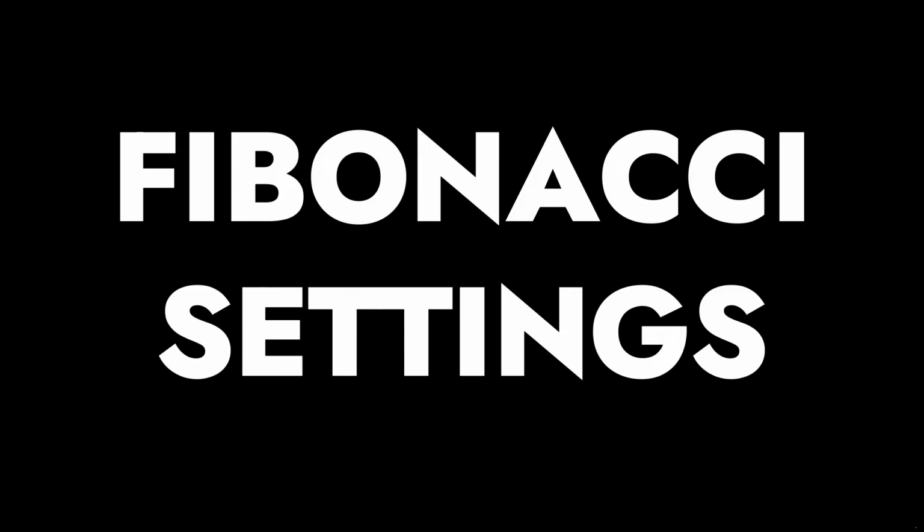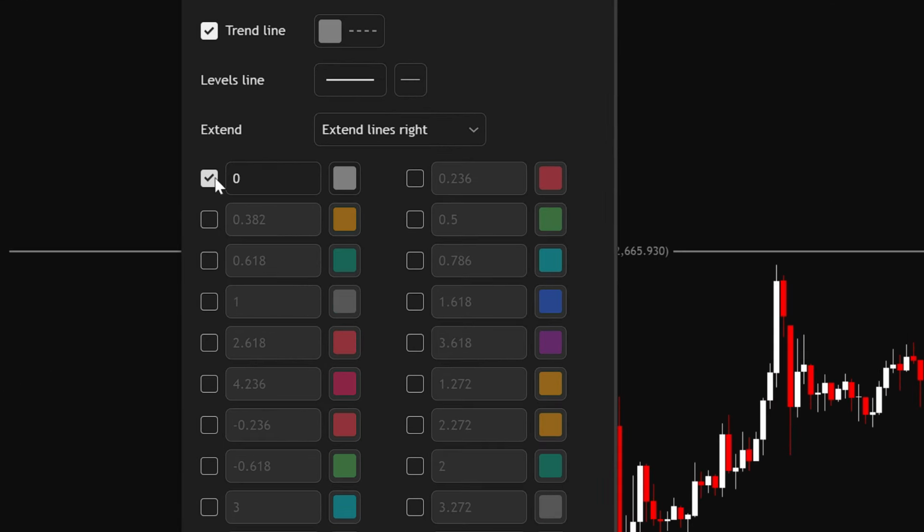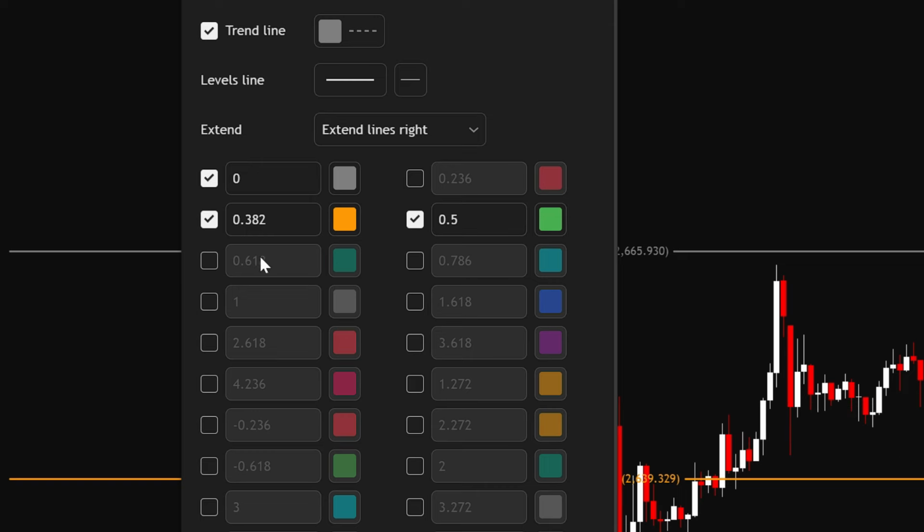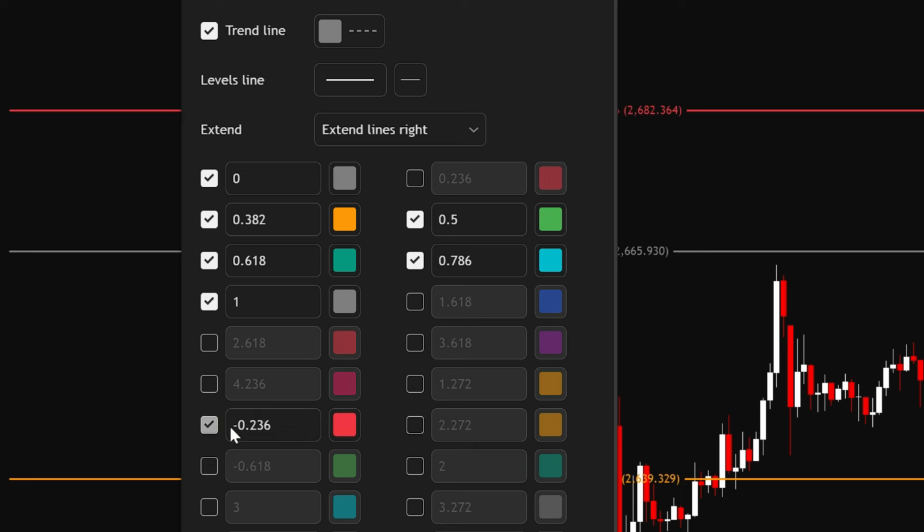Make sure your Fib settings include 0, 0.382, 0.5, 0.618, 0.786, 1, minus 0.236 and minus 0.618.